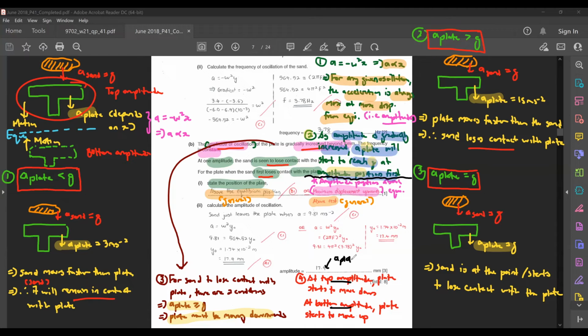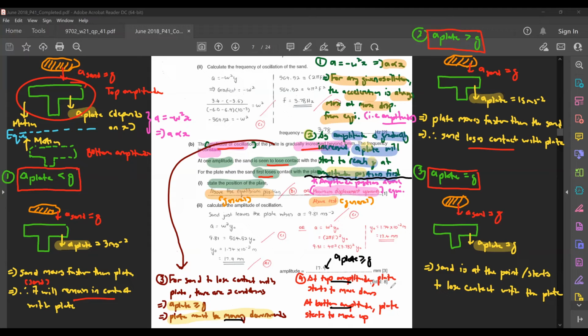Okay, so I know that at these two positions, the acceleration of the plate will start to be equal to g or more than or equal to g. Okay, at the top and bottom amplitude position, my acceleration of the plate will start to be equal to or more than g. But there's another condition that I needed to have, that one being that the plate must be moving downwards. So between the top and bottom amplitude, sorry, which one is actually moving downwards?